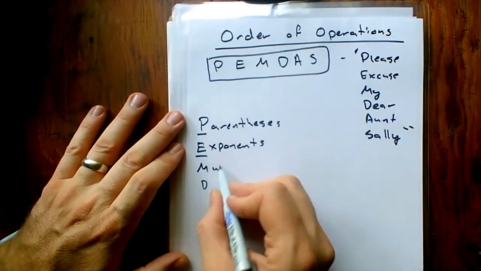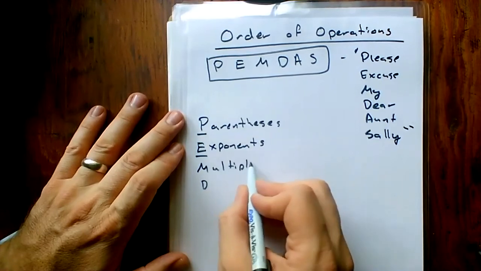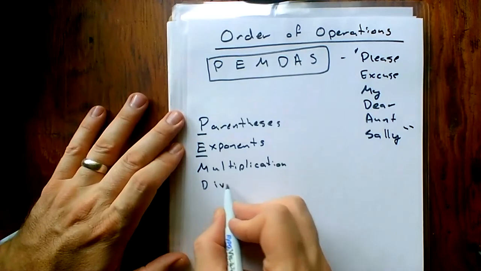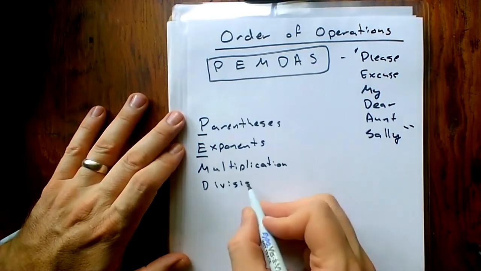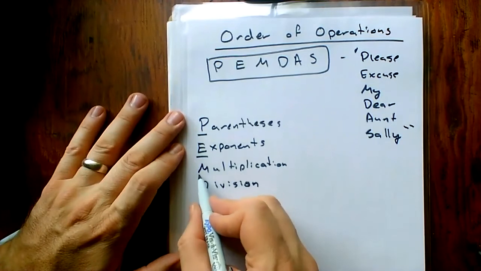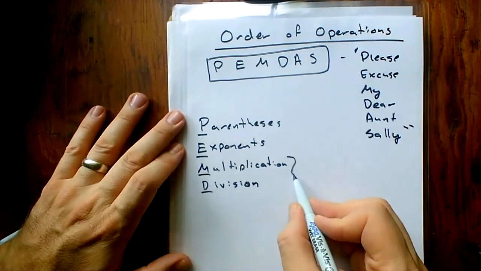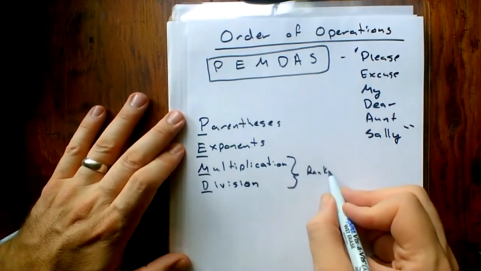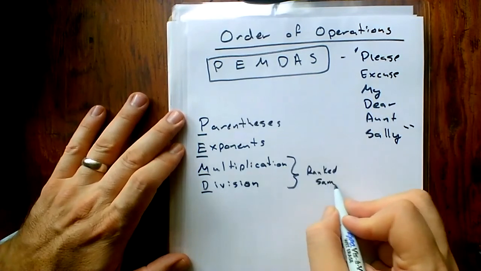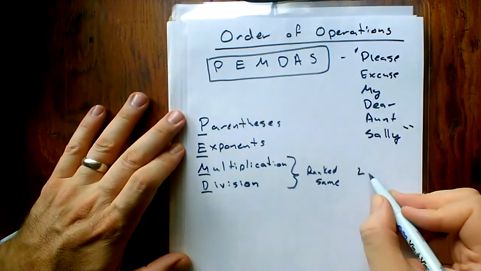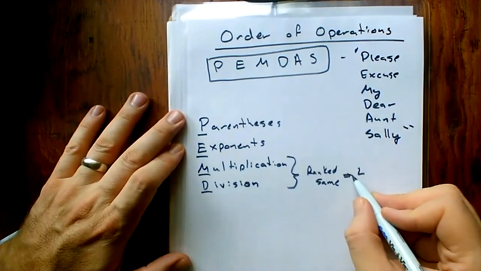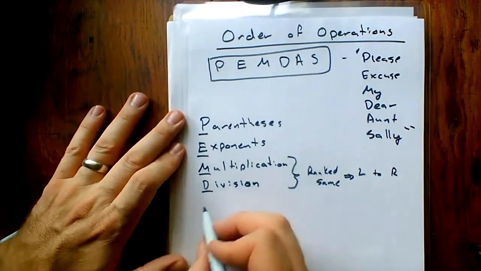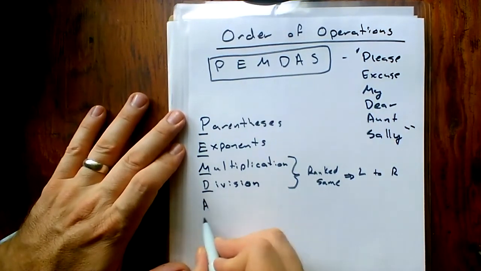Multiplication and division. These are actually ranked the same, so you're just going to do these in order from left to right. Same thing with addition and subtraction.